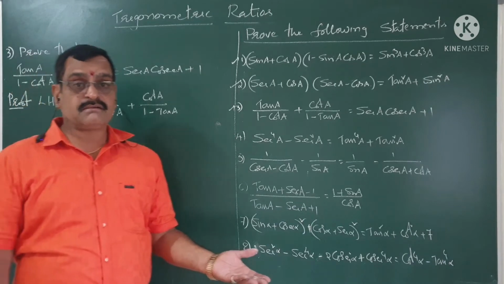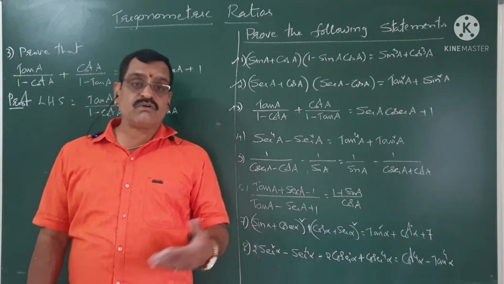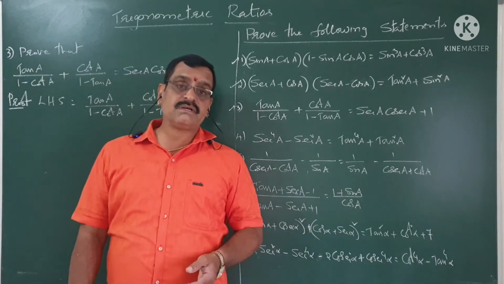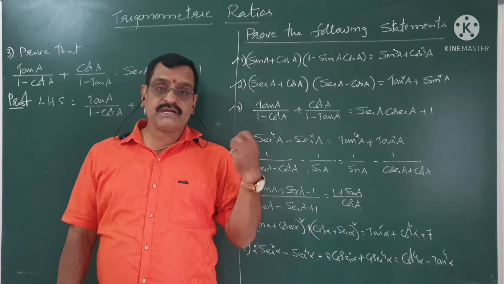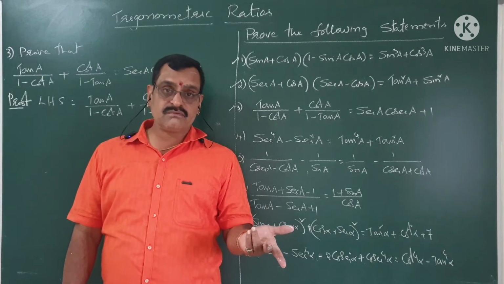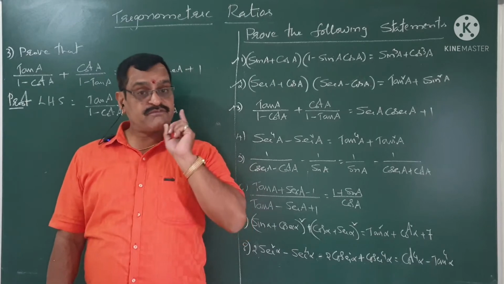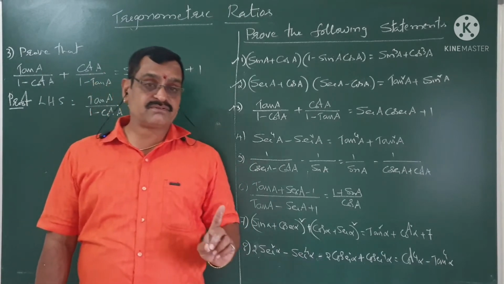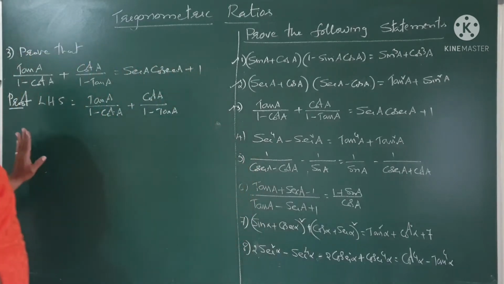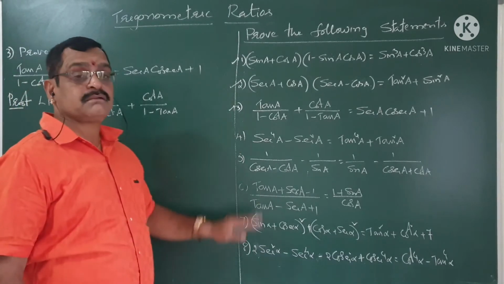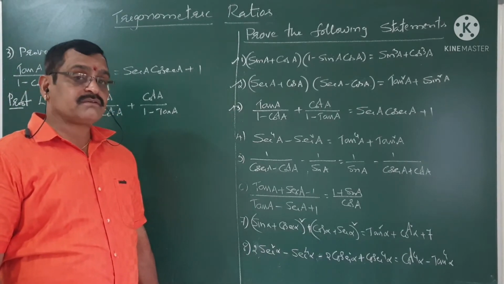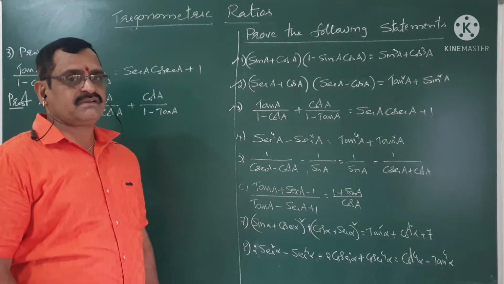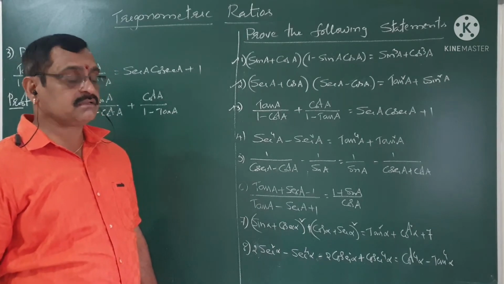One may take 10 steps and one may take 20 steps. Some smart people can solve in 2 steps also. But definitely you will get the answer if you apply proper identities. Okay, but the examiner always prefers a smart way, not donkey work.